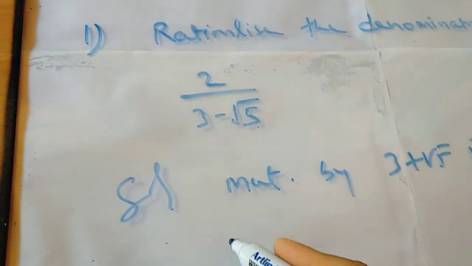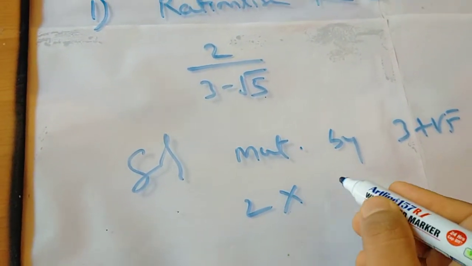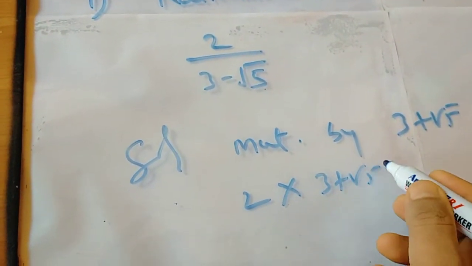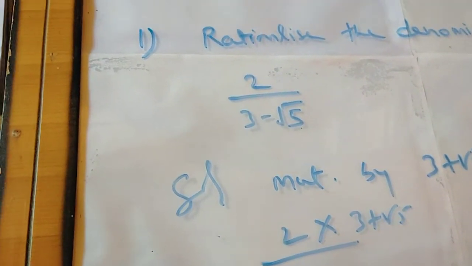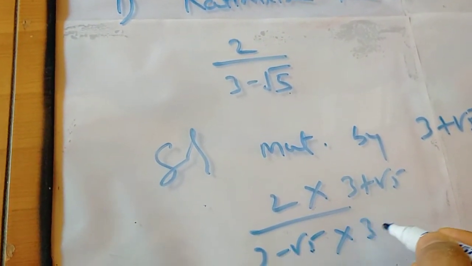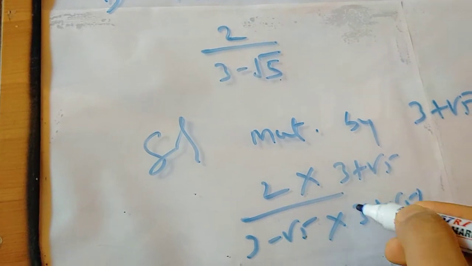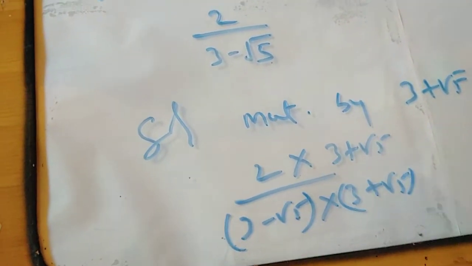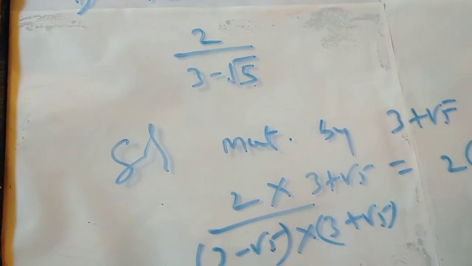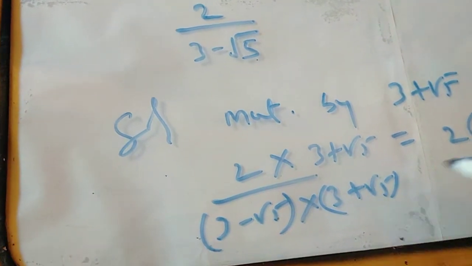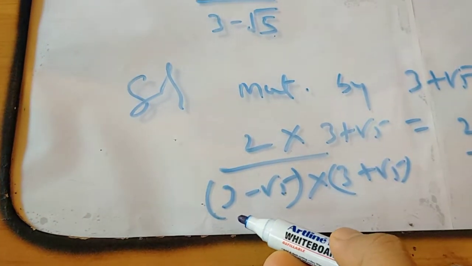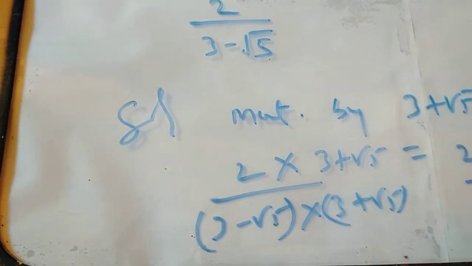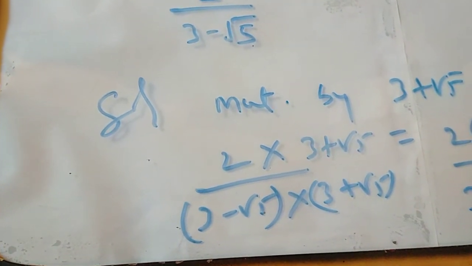So it will give the result 2 multiplied by 3 plus root 5, and 3 minus root 5 multiplied with 3 plus root 5. In the numerator it will be 2 times 3 plus root 5, but in the denominator it is a minus b times a plus b form. So it is the a square minus b square form.